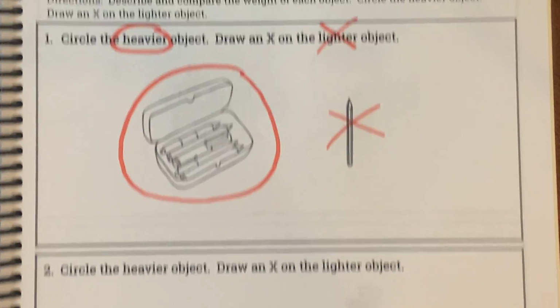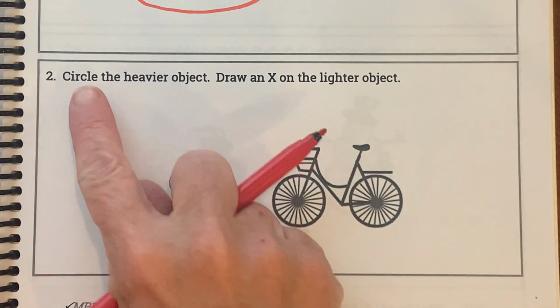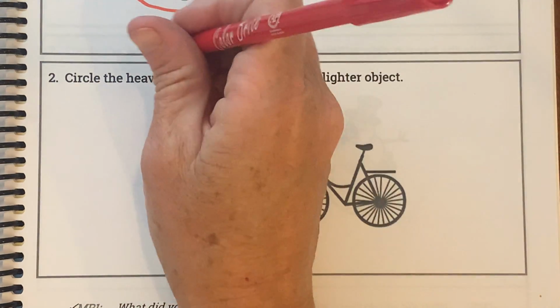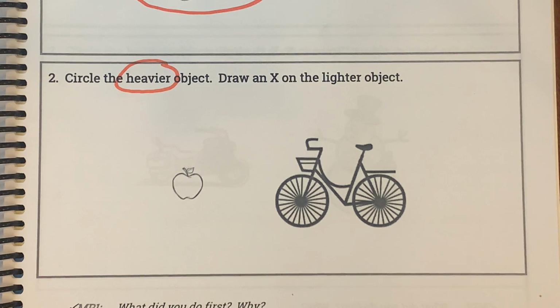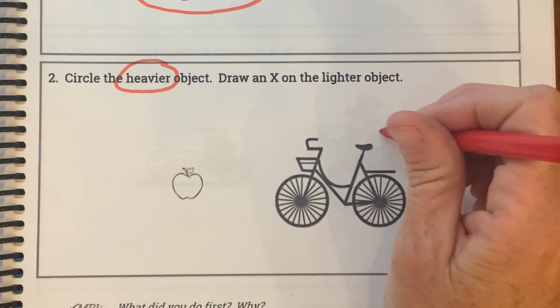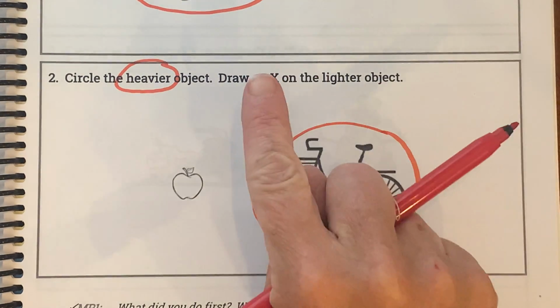Okay, let's look at my next problem, friends. It says, circle the heavier object. Remember, heavier means more weight. So does the apple have more weight or does the bicycle have more weight? I'm saying, friends, the bicycle has more weight, so they want me to circle that.